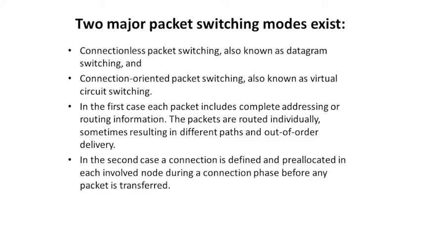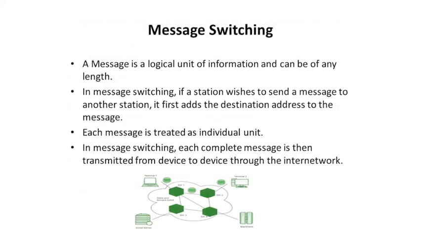In the first case, each packet includes the complete address or routing information. The packets are routed individually, sometimes resulting in different paths and out of order delivery. In the second case, a connection is defined and pre-allocated in each node involved during a connection phase before any packet is transferred.